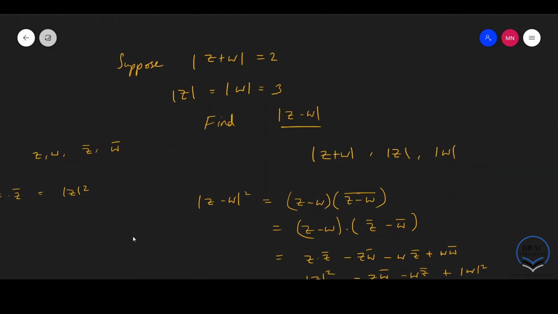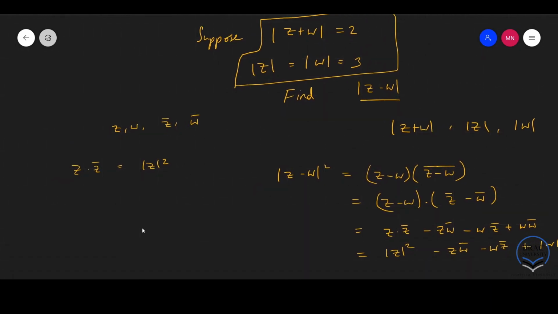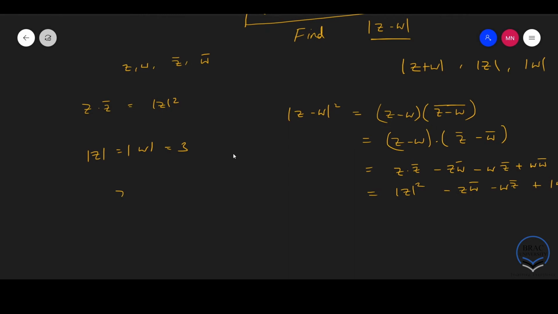And in the equation, we have some information given, so let's keep this in mind. Since the magnitude of z is equal to the magnitude of w, which is equal to 3, then we can show that z times z bar, which is equal to the magnitude of z squared, is equal to 9, right? We have just 3 squared.